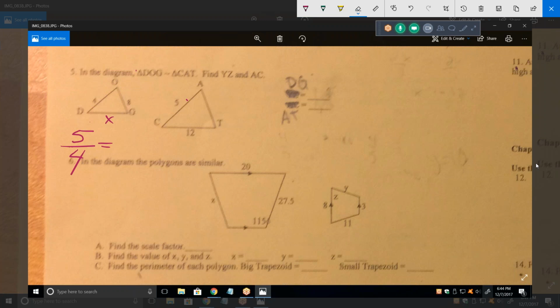In other words, I got the 5/4 by comparing that side with that side. So these proportions are the same within two similar triangles. Whatever scale factor you come up with, it applies to all the other sides also. So it has to be the same as 12 over x. Now solve that.